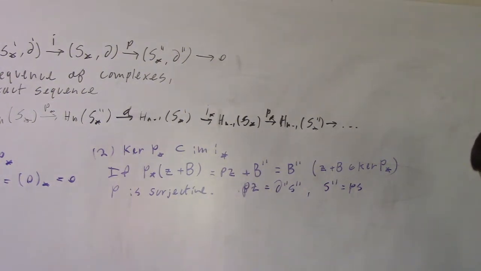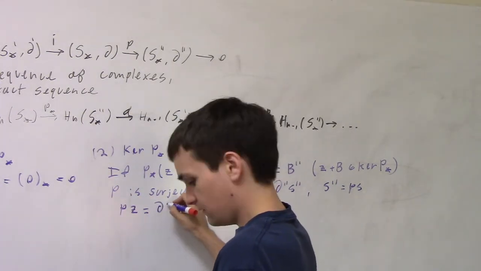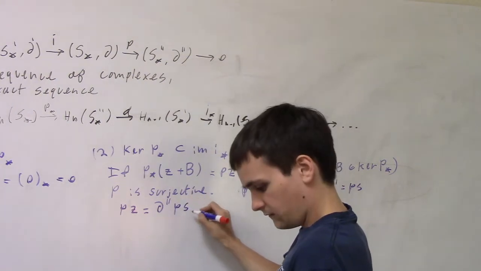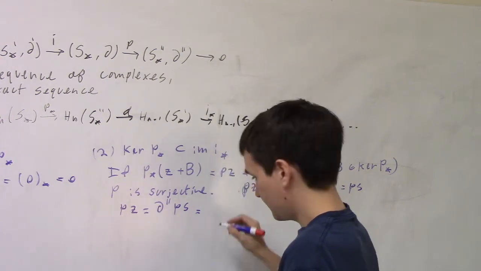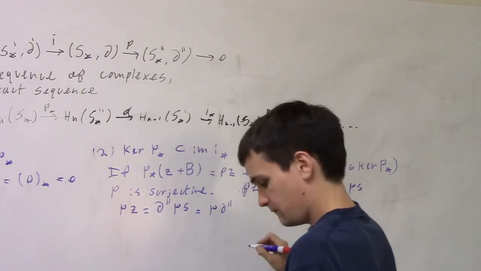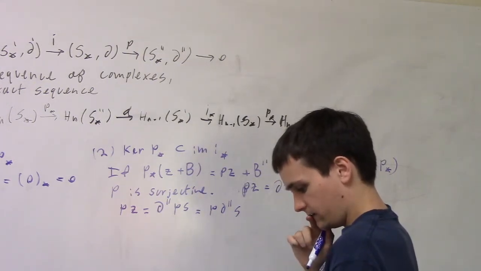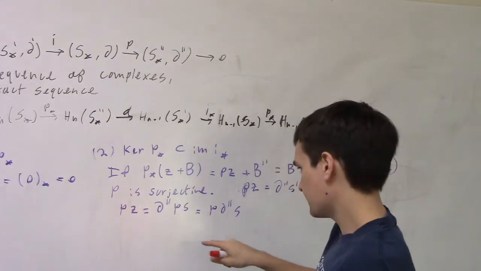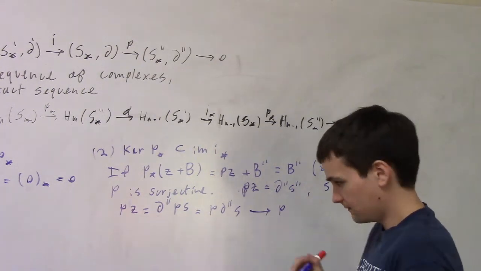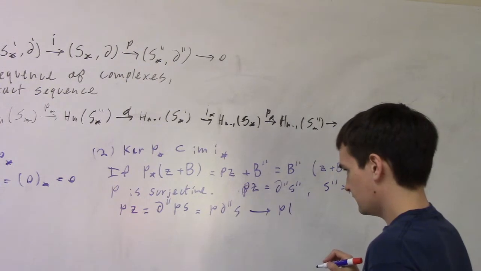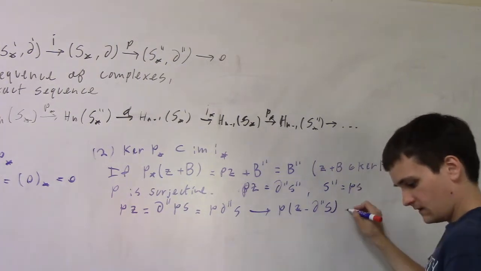So then we have PZ is equal to boundary of PS, which is equal to, by commuting these, P of boundary S. So then we're subtracting this from this. That implies, since P is a homomorphism, that P of Z minus partial S is equal to 0.